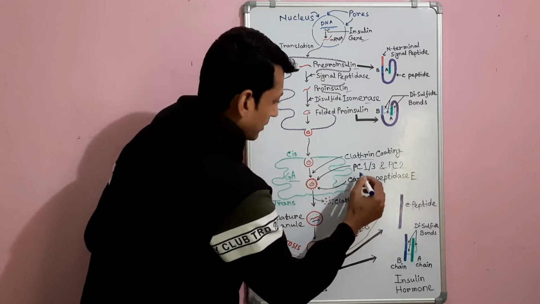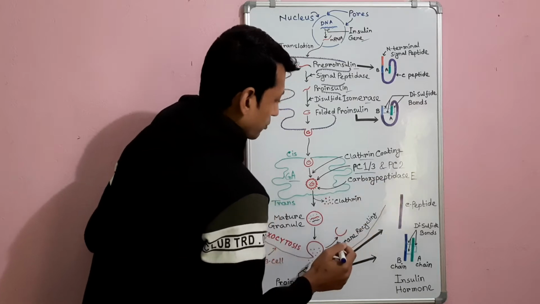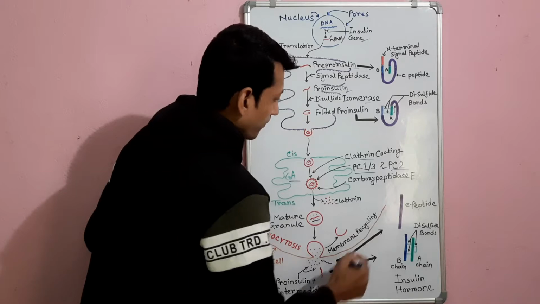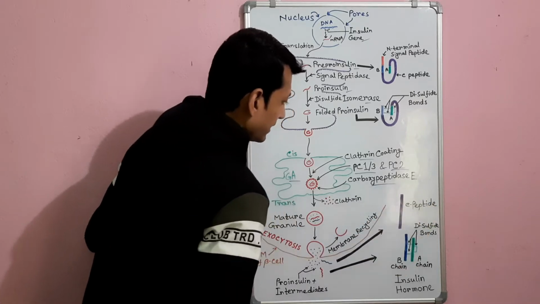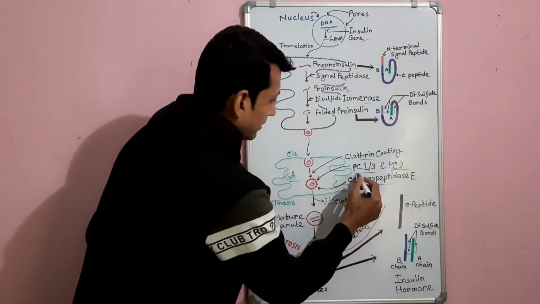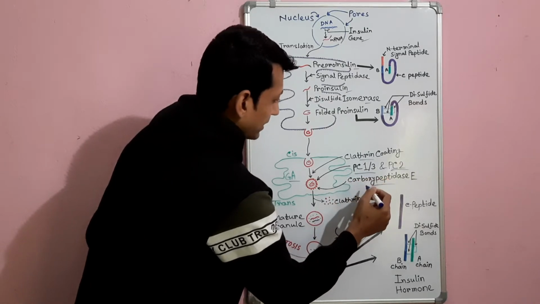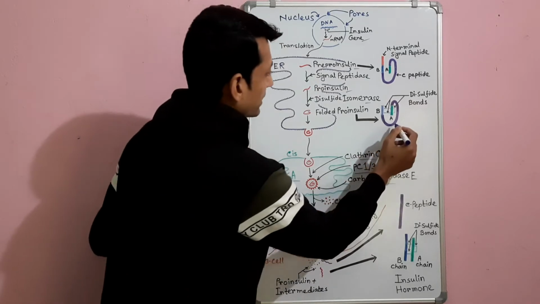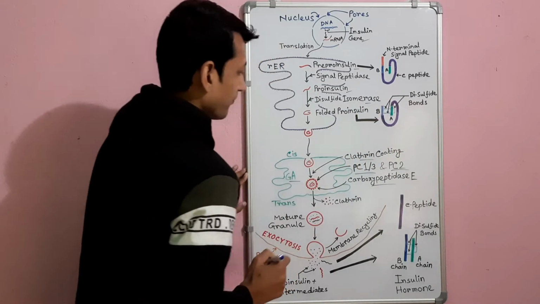For example, prohormone convertase 1 or 3, prohormone convertase 2, carboxypeptidase E, etc. This PC1 or 3 and PC2 enzyme remove the C peptide.